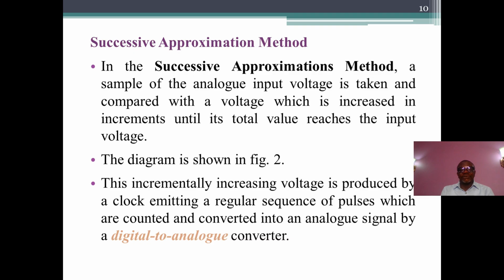The diagram is shown in Fig 2. This incrementally increasing voltage is produced by a clock emitting a regular sequence of pulses which are counted and converted into an analog signal by a digital to analog converter.